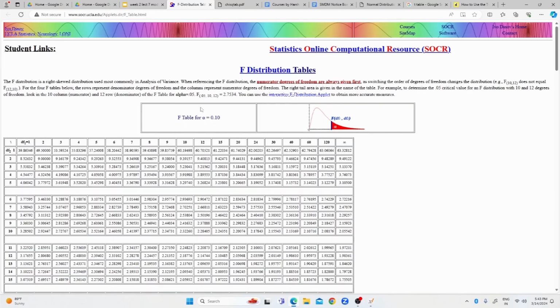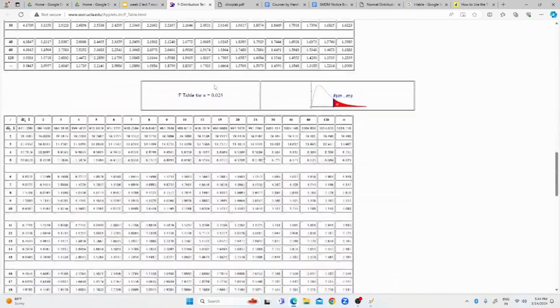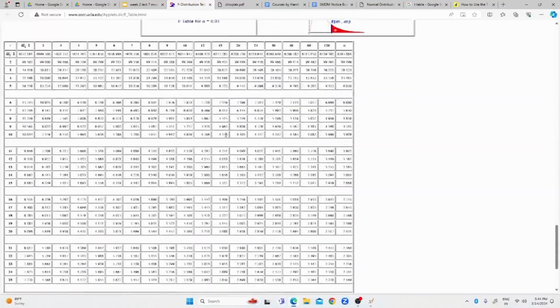So we have an F table for alpha equal to 0.2, an F table for alpha 0.05, an F table for alpha 0.025, and 0.01. In this way, for each and every alpha there is a different F table. Please understand, there was only one Z table, only one T table, one chi-square table, but for F, because there are two parameters already, df1 and df2, there are different tables for different values of alpha. Okay, does it make sense?